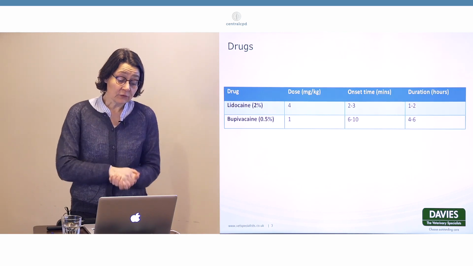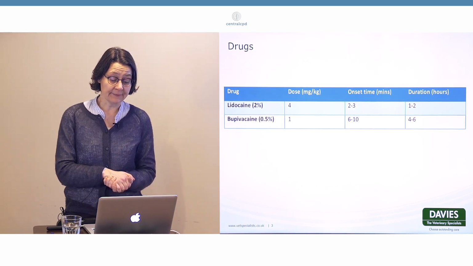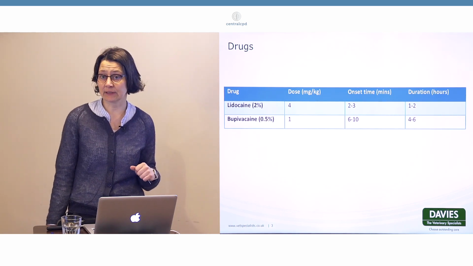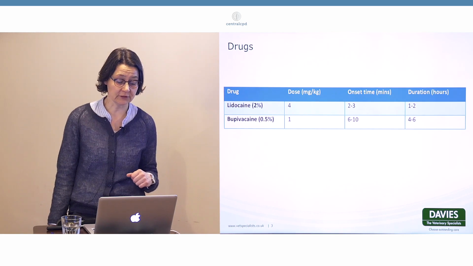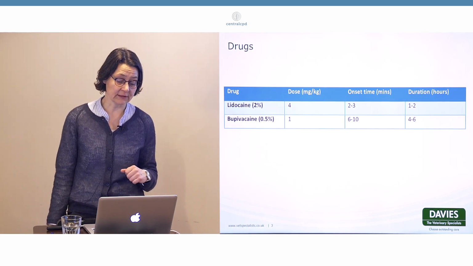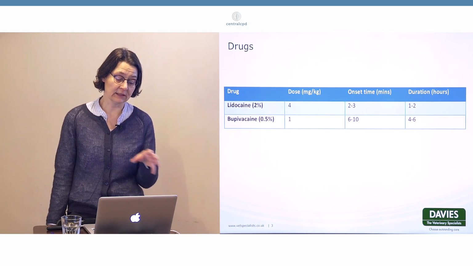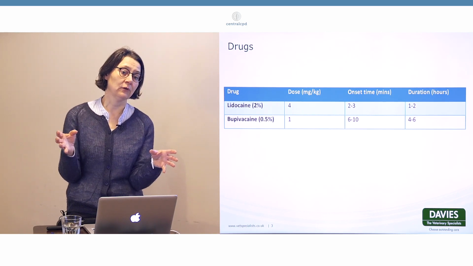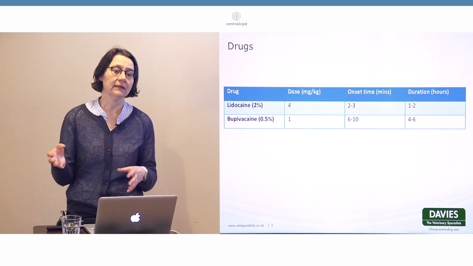So the most commonly used local anesthetic agents in veterinary practice are lidocaine and bupivacaine. Usually lidocaine is a 2% solution and bupivacaine is a 0.5% solution. The total dose of local anesthetic used should be based on the number of injection sites and the body weight of the patient. So if you have a patient which needs loads of dental extractions, for example, try and plan this ahead.